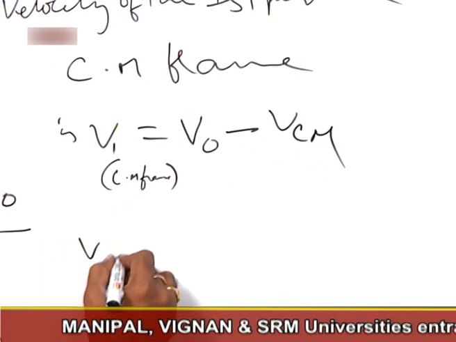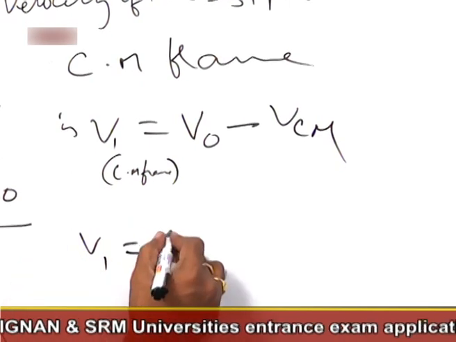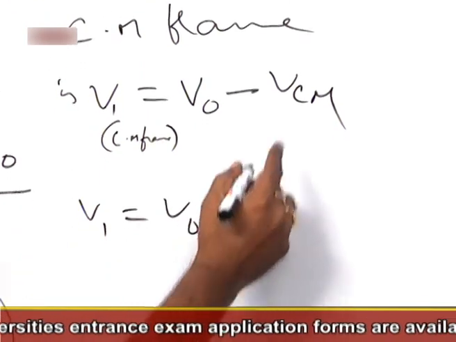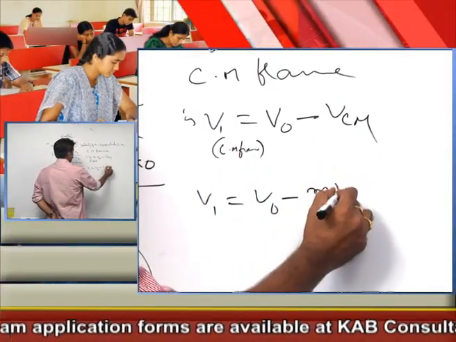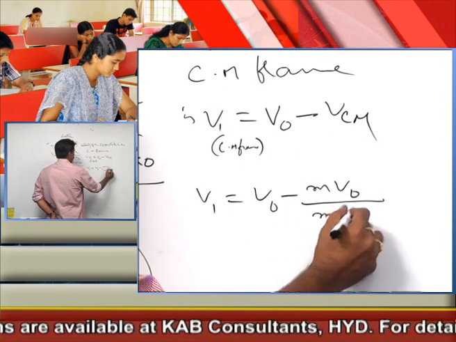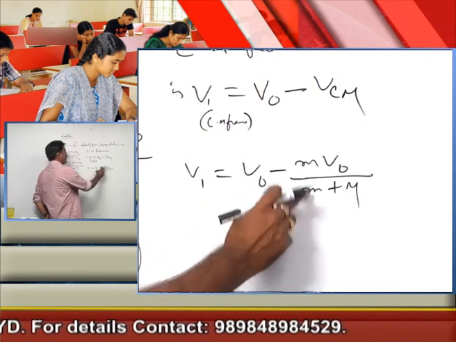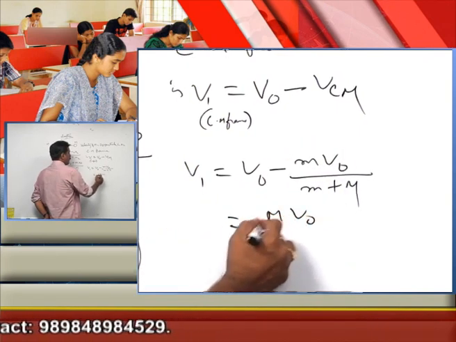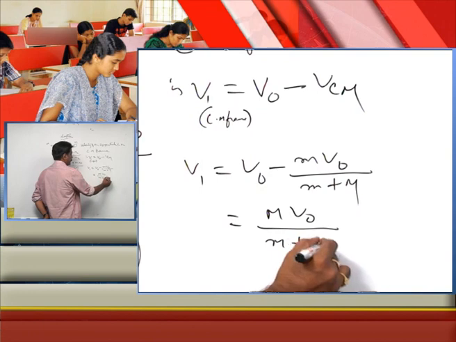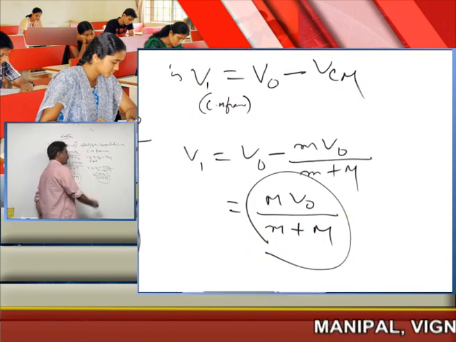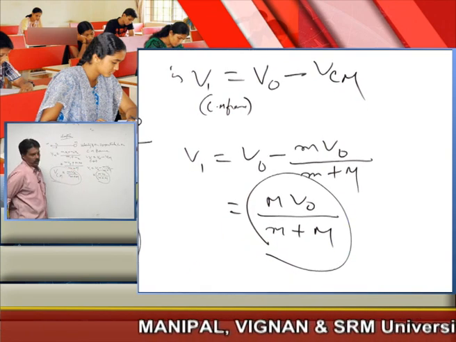So v1 in the CM frame is equal to v naught minus m v naught by m plus m. This will be equal to m v naught plus m v naught minus m v naught, that is m v naught by m plus m. This is the velocity of the first particle in the center of mass reference frame.